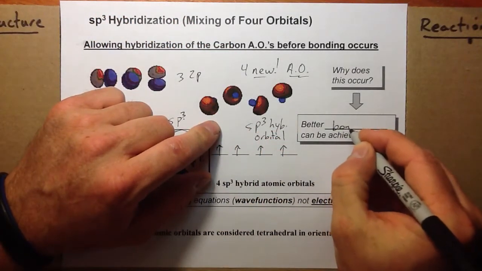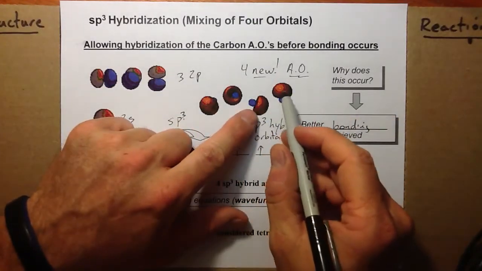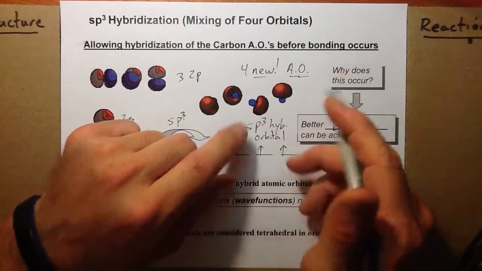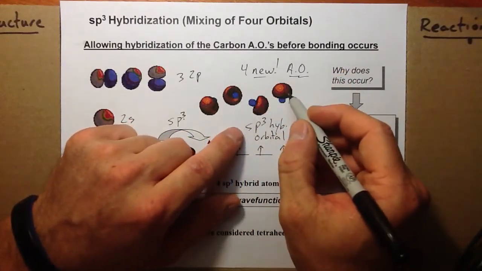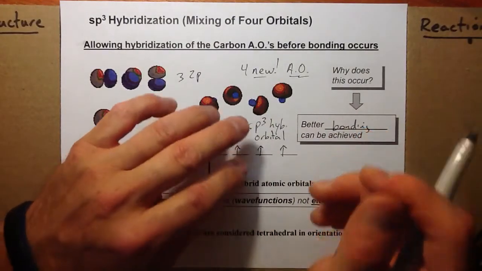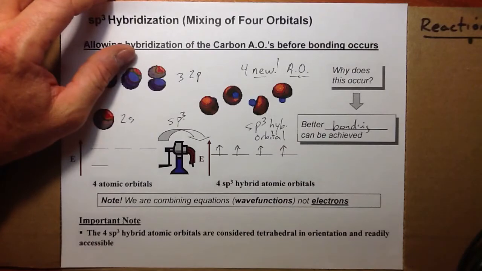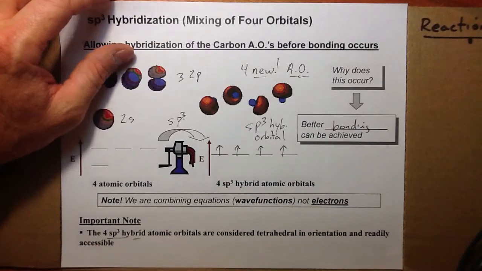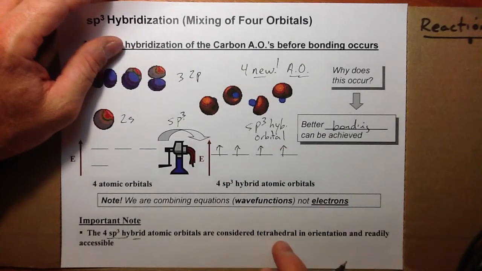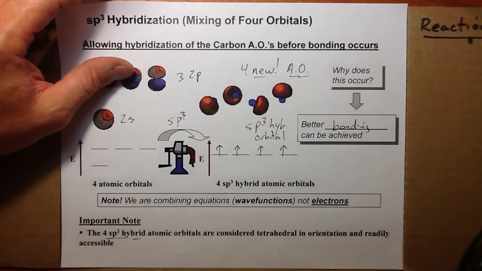Better bonding resulted, or theory would show that the amount of orbital away from the carbon's nucleus was available for bonding. It gave us tetrahedral orientation for bonds of equal strength. It worked very well. So those 4 sp3 hybrid atomic orbitals are considered tetrahedral in orientation and readily accessible for bonding.